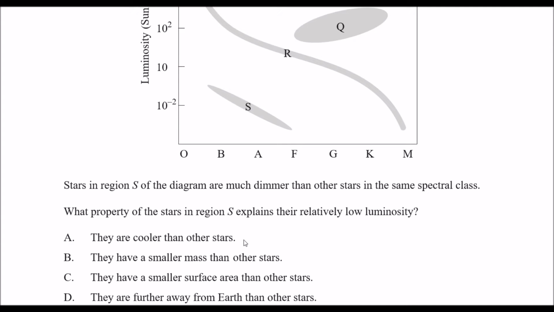Now, just to point out with this kind of question here, you can see the classification O, B, A, F, G, K, M. These are the different classes the stars can be in. At the same time, they can also be classified by surface temperature.